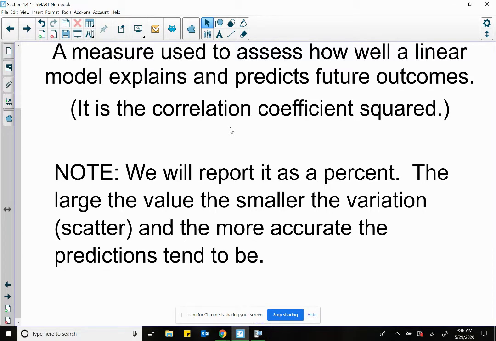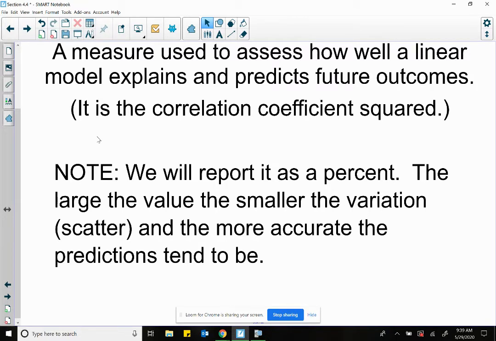The larger the value, the smaller the variation in the scatter, and the more accurate the predictions will be. Note that this is the coefficient of determination, not the correlation coefficient. The larger the value, the higher the percentage, the smaller the variation in the scatter, and the more accurate the predictions tend to be.